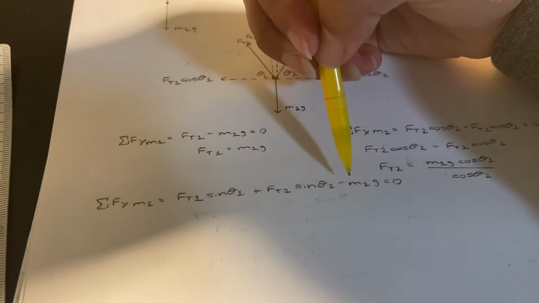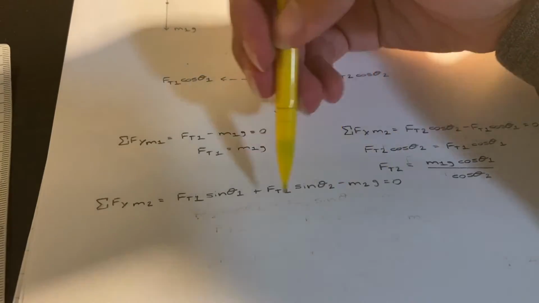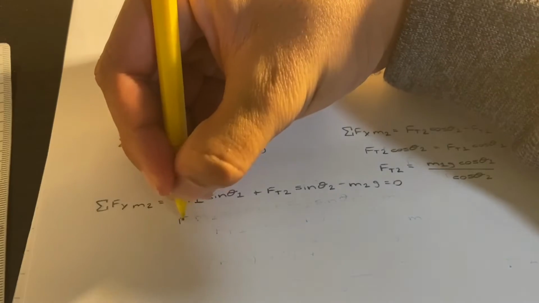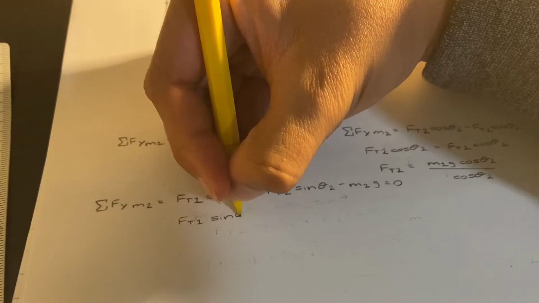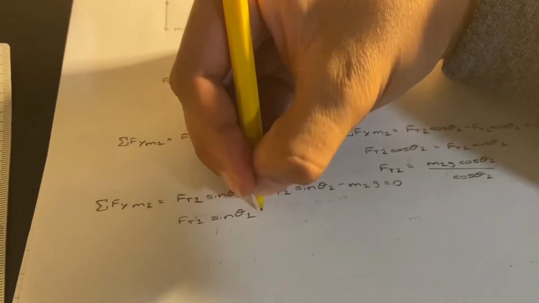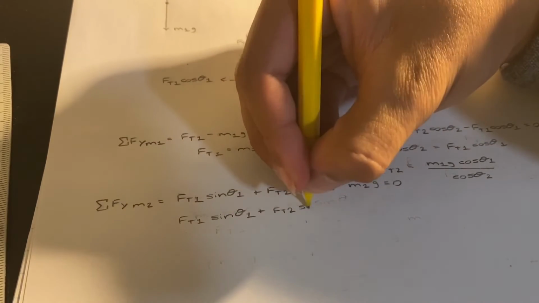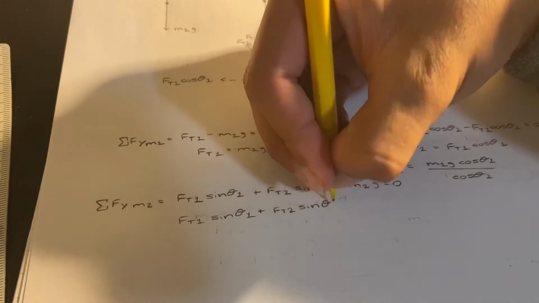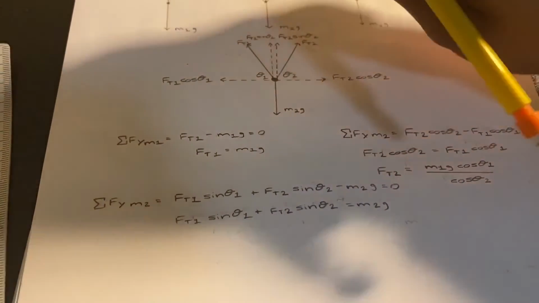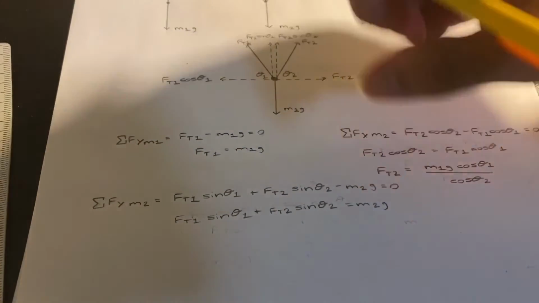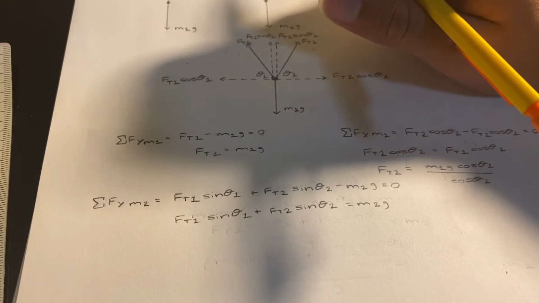After writing this equation down, we can add m2g to both sides, and we get that ft1 sine theta 1 plus ft2 sine theta 2 is equal to m2g. Now we can divide both sides by g, and by doing that we isolate m2.